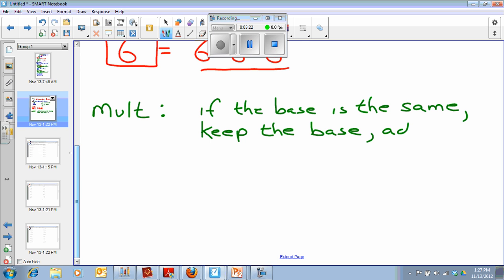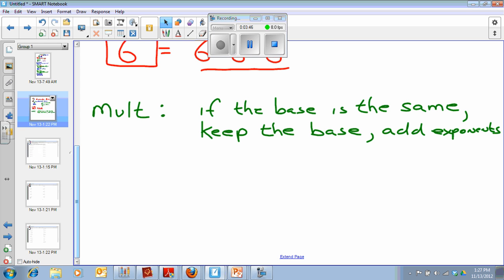So we will add exponents. And we'll give an example of that.